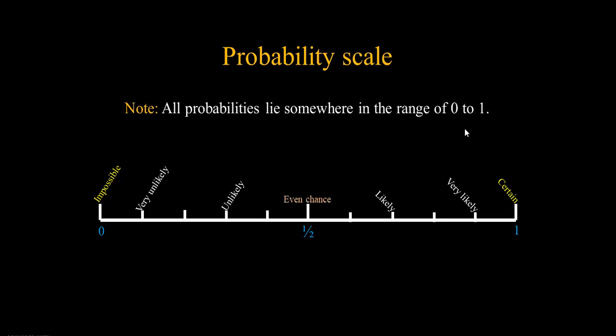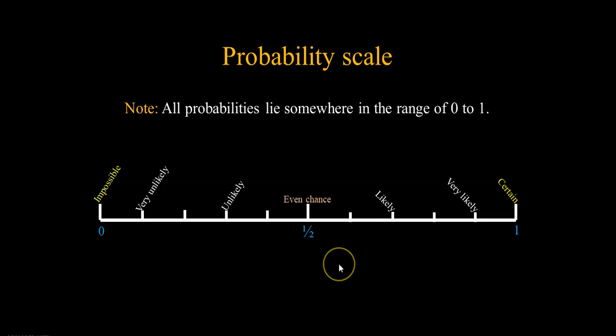It is true that some things are certain to happen and some things cannot happen. That is, the chance of something happening can be anywhere between impossible and certain. So these situations can be represented on the probability scale.